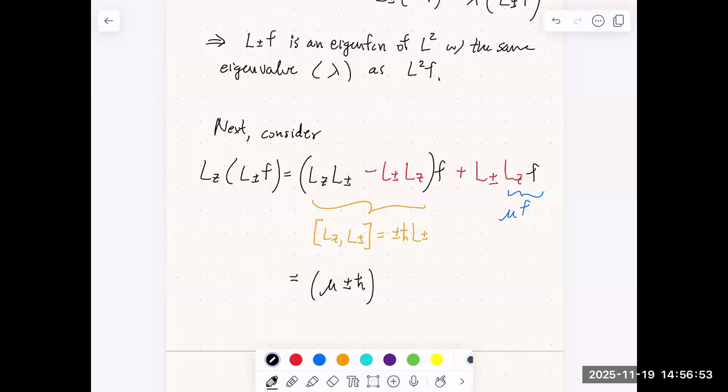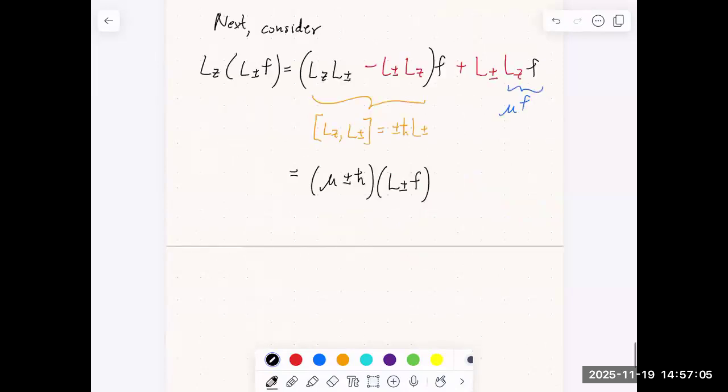So we have L plus minus on f. Okay, good. So L plus minus f is an eigenfunction of Lz with eigenvalue mu plus minus h bar. And now you can start to see what we were aiming for.